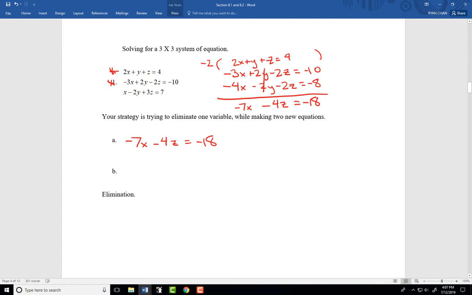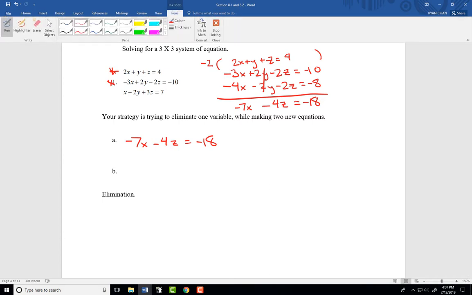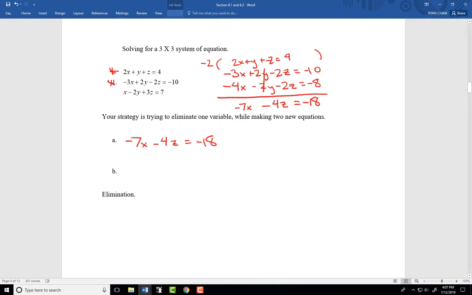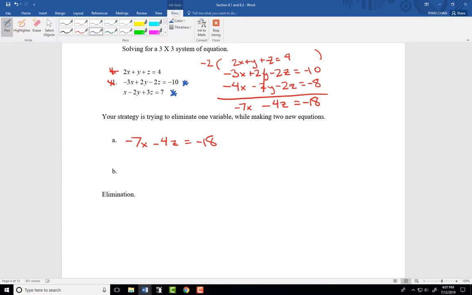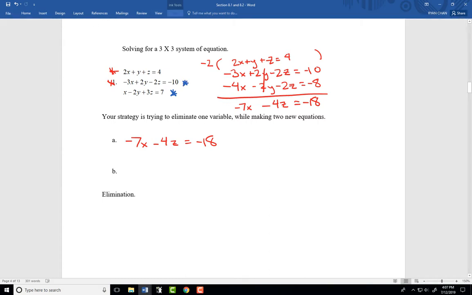Okay. So the next equation is the following. I'm going to use a different color. I'm going to pick two other equations. In this case, I'll pick the second and third, and I'm going to also eliminate y. When you do each pair, you want to make sure you eliminate the same letter.